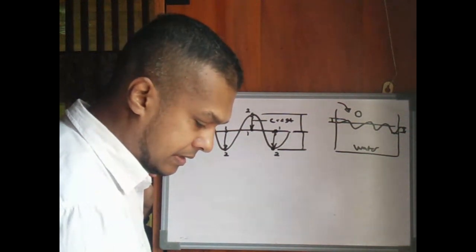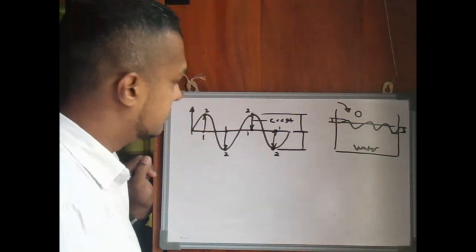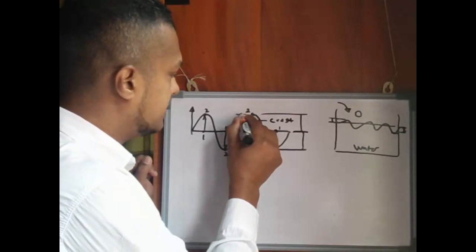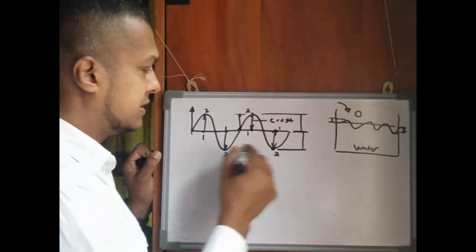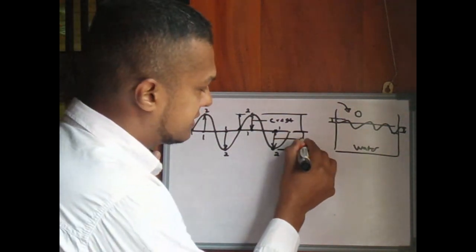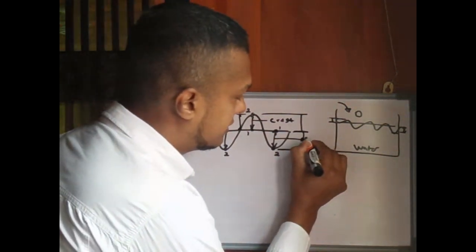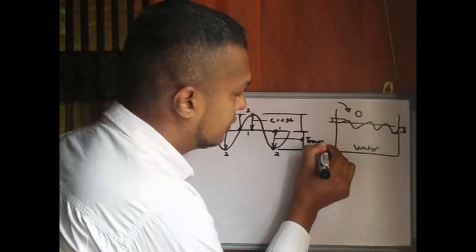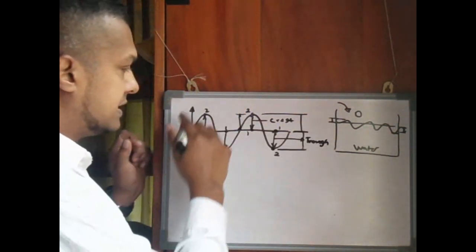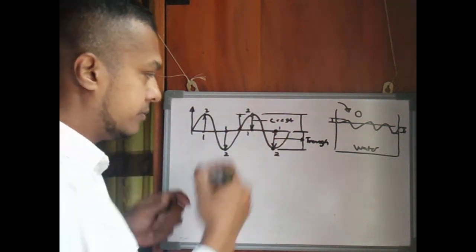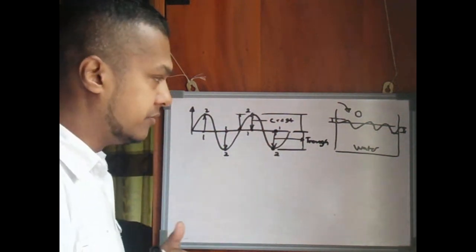That maximum distance created is called a crest, and this maximum distance created is called a trough, T-R-O-U-G-H. We call it trough. So that's basically the two mechanisms that happen in a wave.